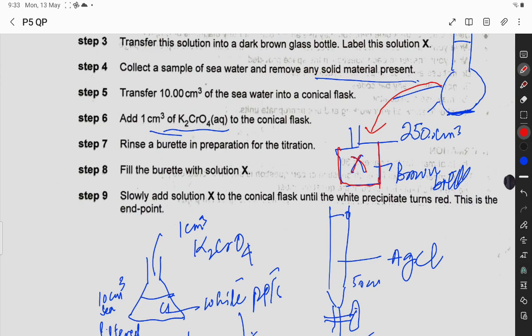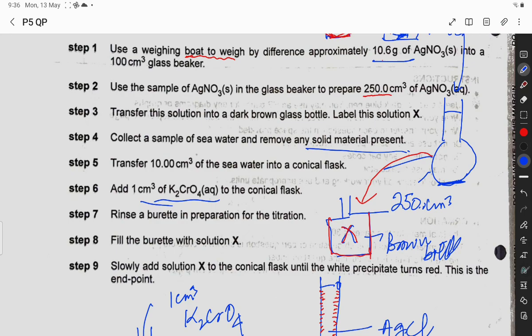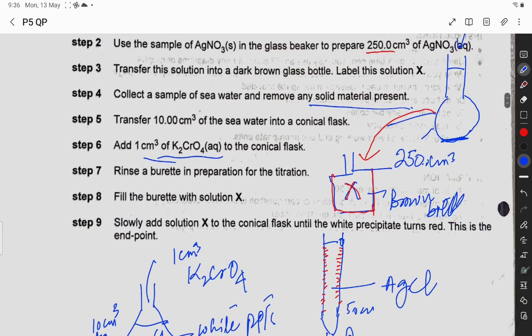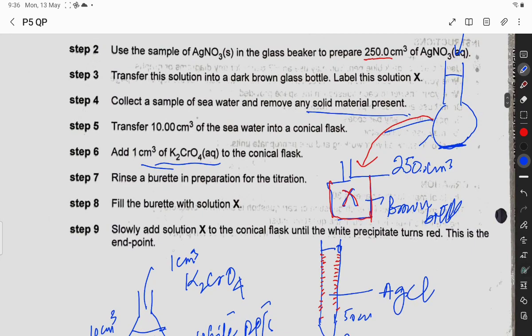Now take 10 centimeter cube and add into the conical flask. Add 1 centimeter cube of potassium chromate(VI) aqueous to the conical flask, 1 centimeter cube with the help of a pipette.